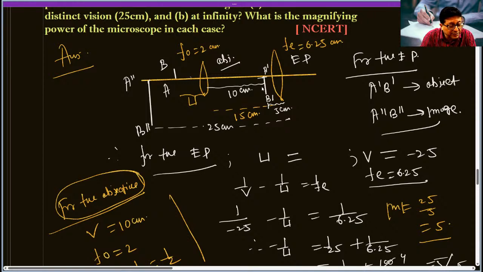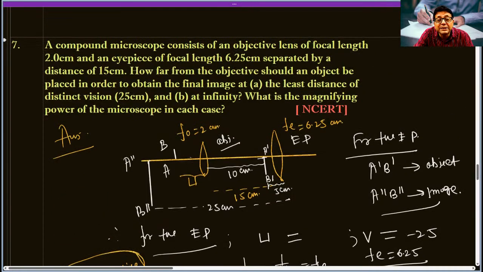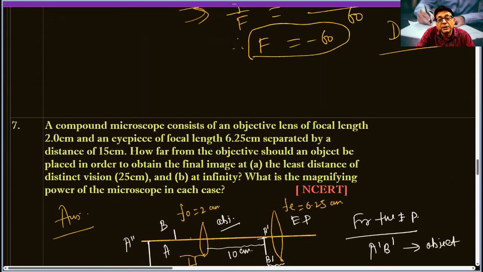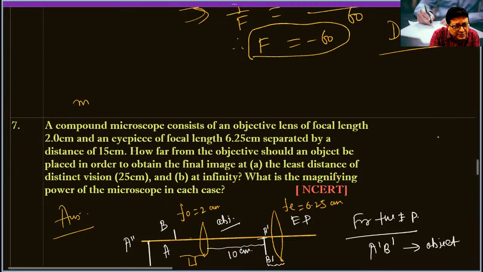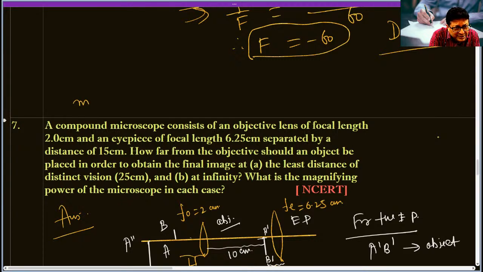And that way we have calculated. If you say that you will be using the formula, it's up to you how you use the formula. But for infinity, magnifying power you don't multiply, please. Why? Because this time in theory, I have derived the magnifying power in this case.